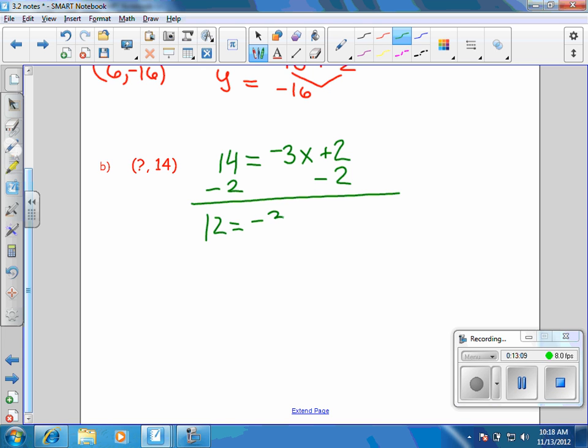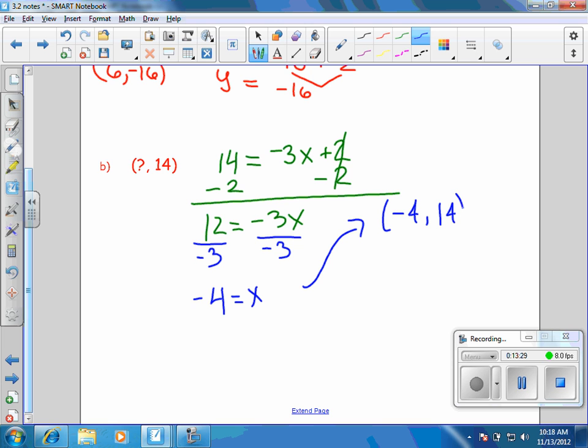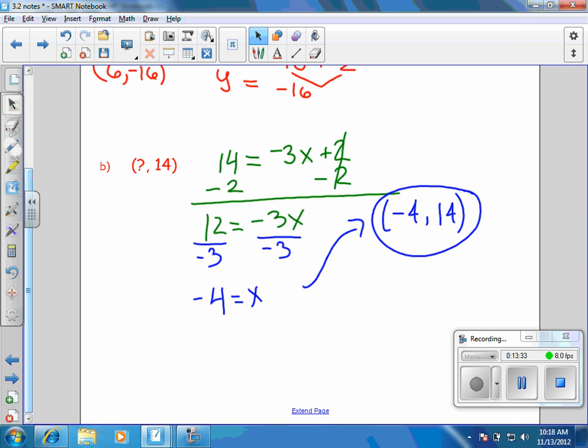And then negative 3x here. And then, Ingrid, what do we do next? And then you divide each side by negative 3. Divide by negative 3, good. So we have negative 4, thank you. And so that tells us the ordered pair is negative 4, positive 14. And that's your answer. Does that make sense?